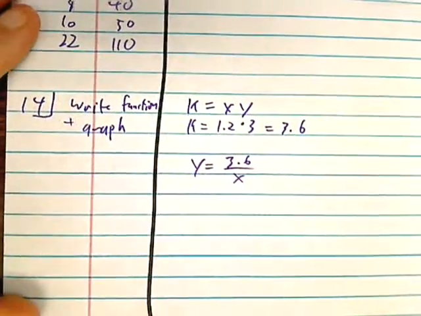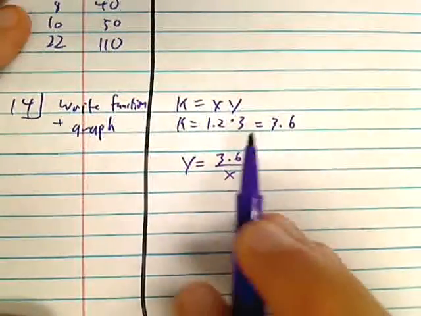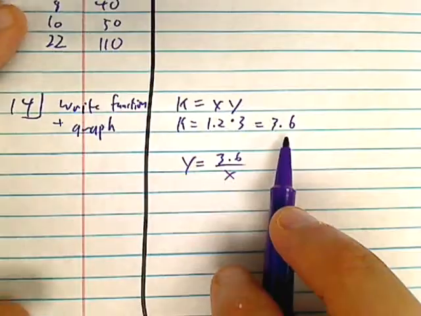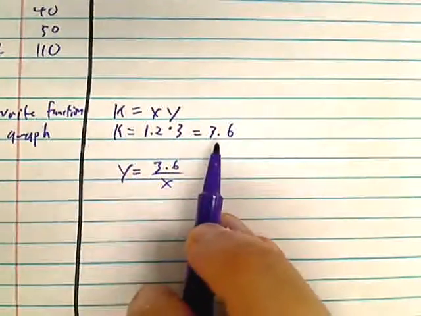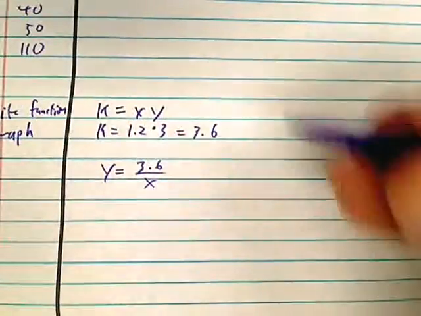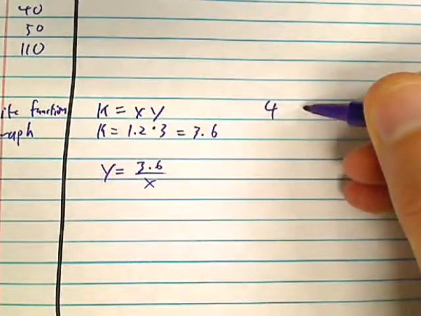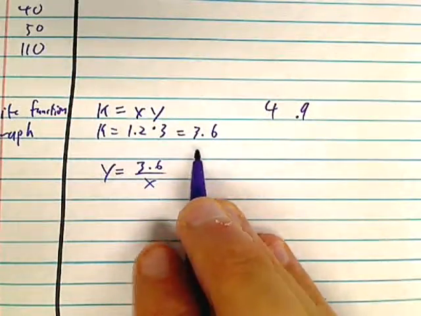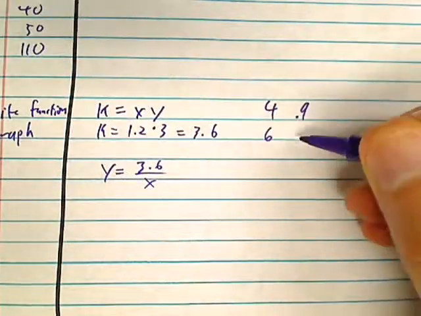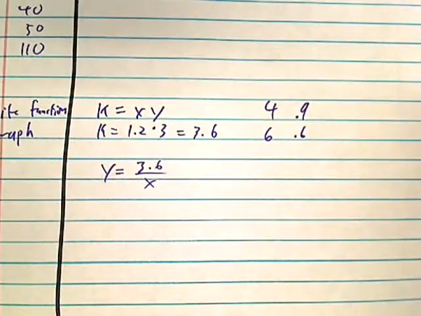Now when I'm graphing this, let's do it like the car problem. Let's try to find numbers that multiply to 3.6. Okay, we'll just think of numbers that multiply to 36 and put a decimal in one of them. So for example, 4 times 9 is 36, so 4 times 0.9 is 3.6. 6 times 0.6.